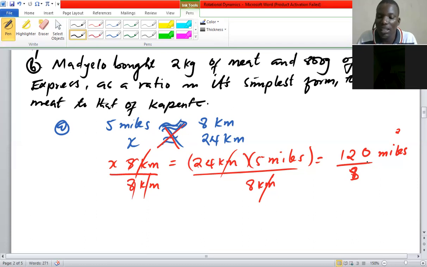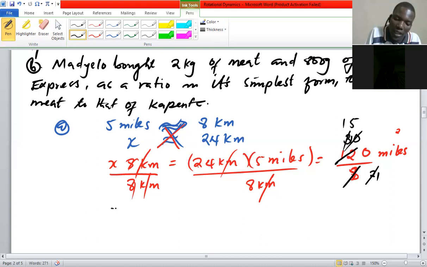Let's get 4. 4 into 8 gives you 2, and 4 into 12 gives you 3. So you have 2 and 30. 2 into 2 is 1, 2 into 30 is 15. So X is 15 miles.